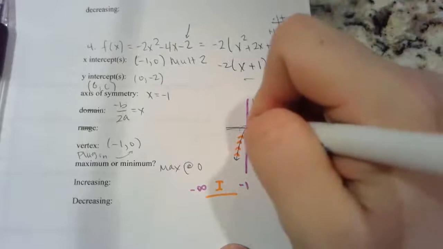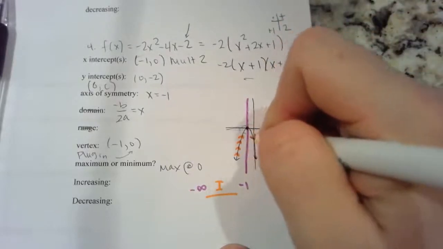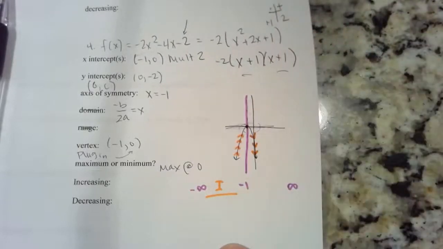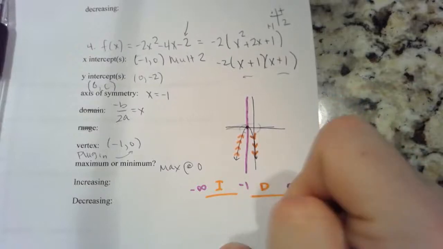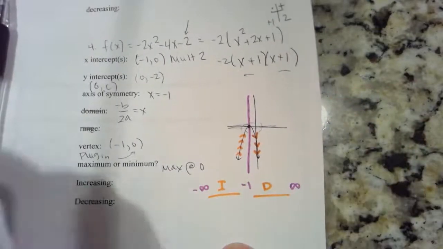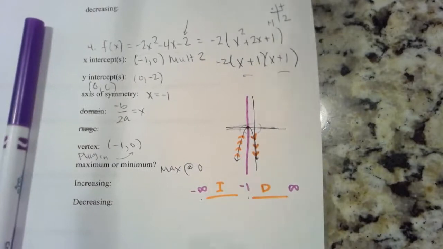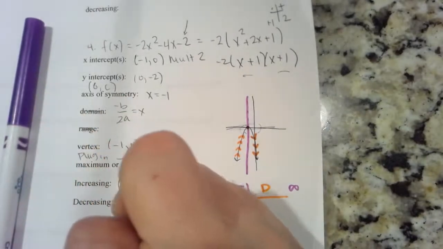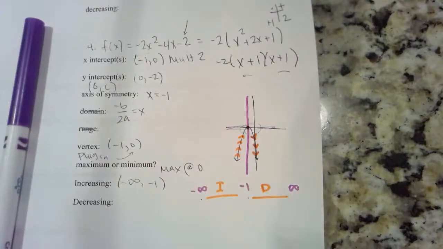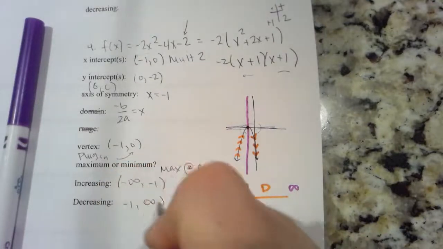And then this is like the butterfly moment where the graph turns, and then you start going down. This is the decreasing section. So it is increasing from -infinity to -1. It is decreasing from -1 to infinity.